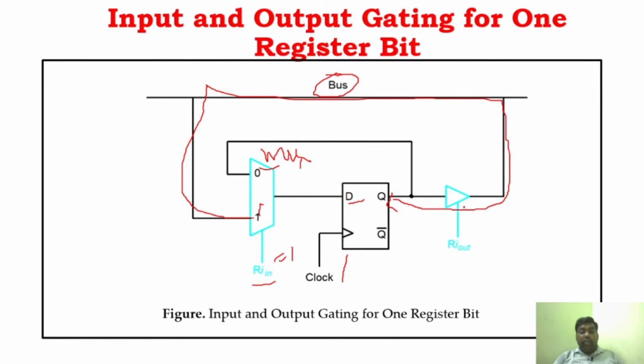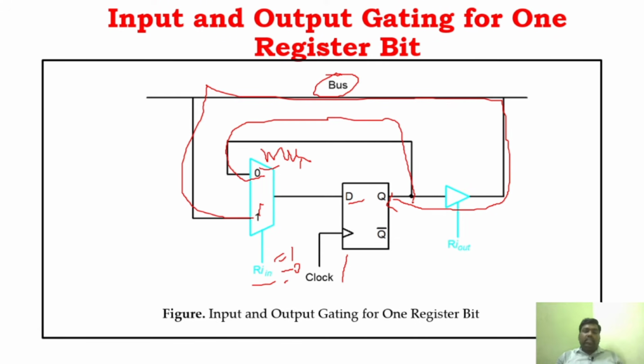The bus input will be given to the flip-flop. And if Rn in is equal to 0, it will just give the feedback of the previous data. The previous value present in the flip-flop will be given as feedback. You understand now? If it is 1, it will connect to the bus. If it is 0, it will not connect to the bus. It will use the previous value.